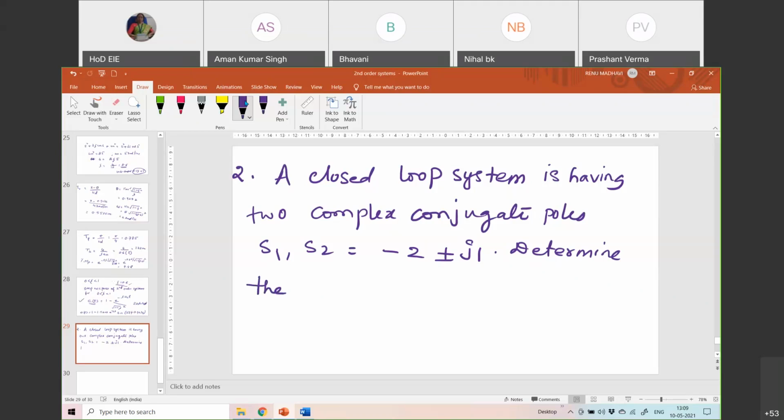the form of the transfer function, that is omega n square by s square plus, in that format. What is this going to be? Okay.